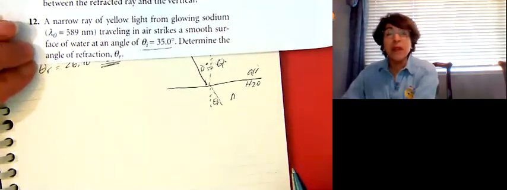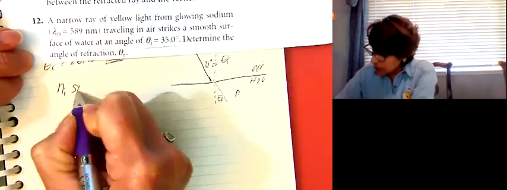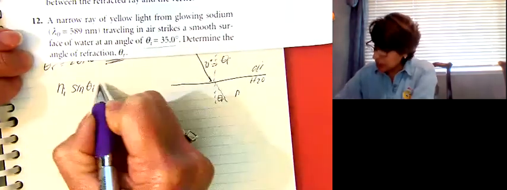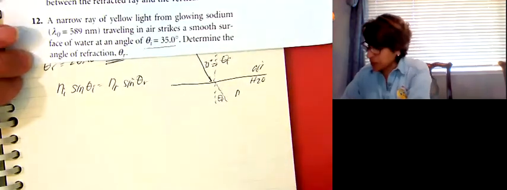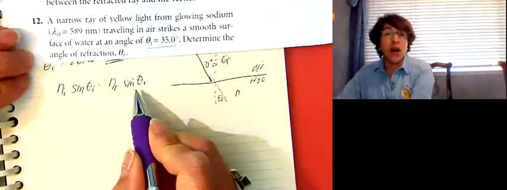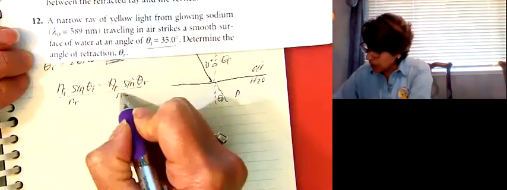What's that guy? Same thing as we did before. I'm going to write here, n of the incident times the sine of the angle of incidence is equal to n of refraction times the sine theta refraction. Again, I want to solve for the refraction, so I'm just going to divide both sides by n sub r. N sub r cancels out.